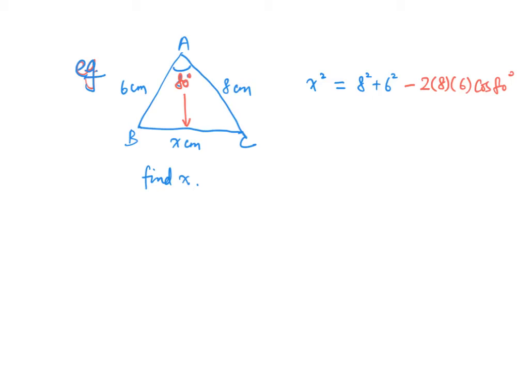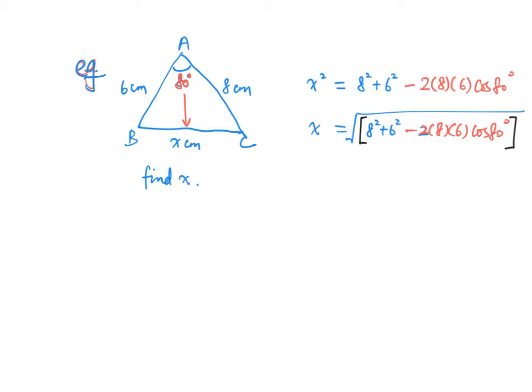Okay, next part, we can find x directly by using a calculator. Square root of 8 squared plus 6 squared minus 2 times 8 times 6 times cosine 80 degrees. Remember, when you use your calculator, remember to add a bracket for this part, all the numbers inside the bracket.